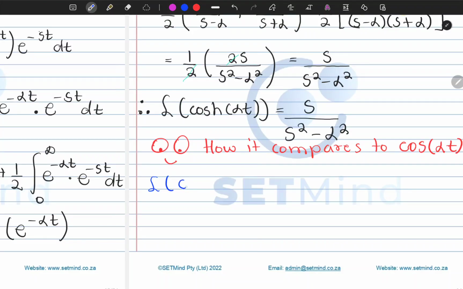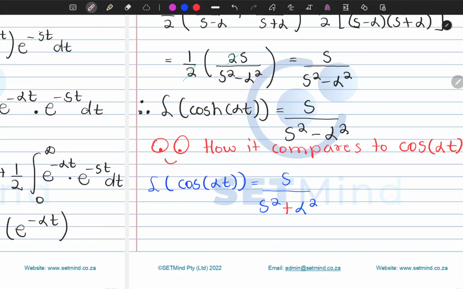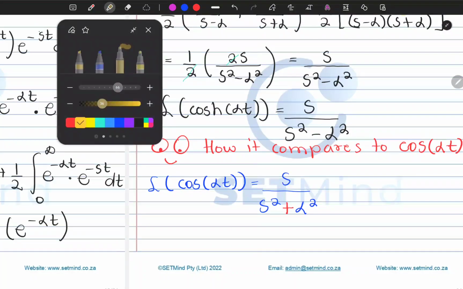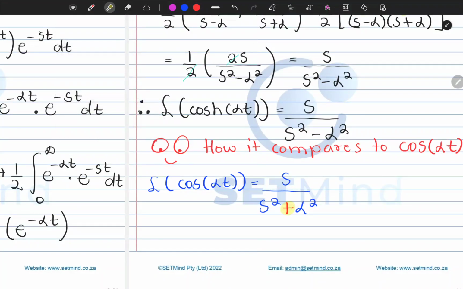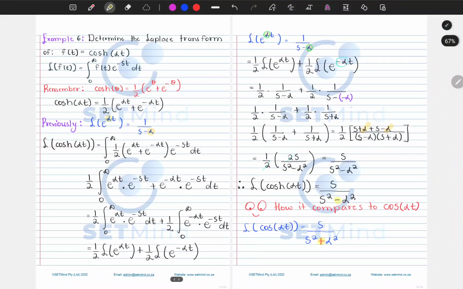So the Laplace transform of cos of alpha t was nearly the same, s squared plus alpha squared, but the difference was on the sign here. That is what caused the difference. So you can imagine, you can go ahead and do the same for sine, which we will quickly have a look at.